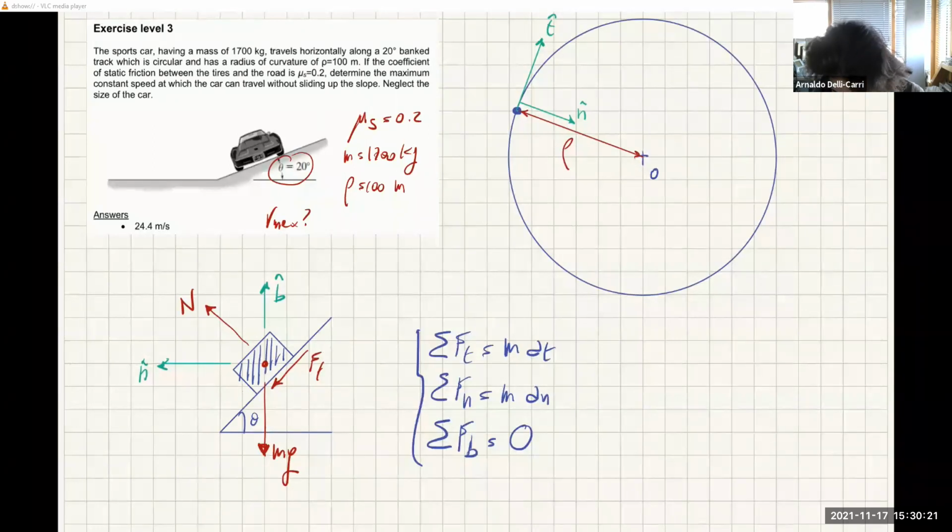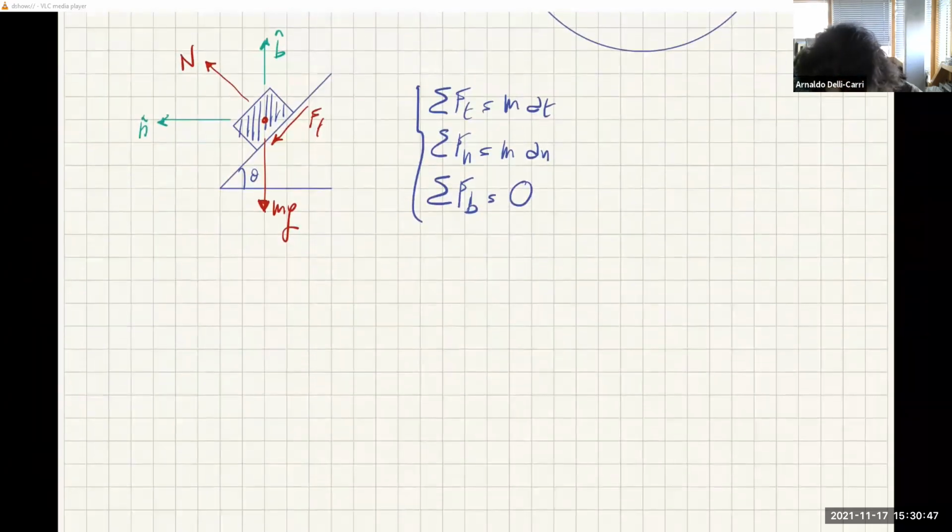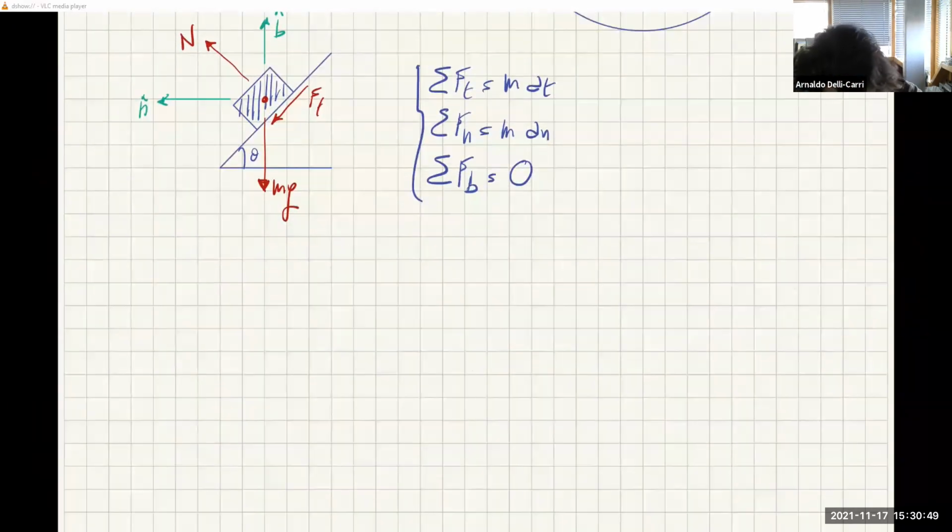Okay, so let's go in the free body diagram and let's find what's going on here. So unfortunately, all these forces, only mg is along b. Ff must be split along n and b. N must be split along n and b as well. So we have to do some calculations for these.